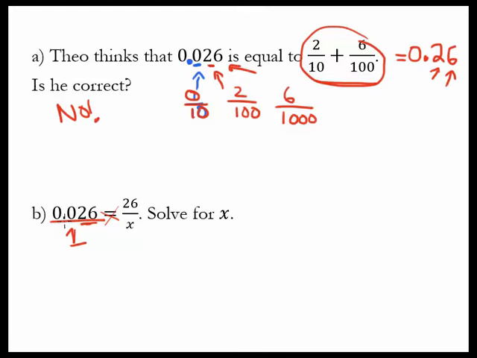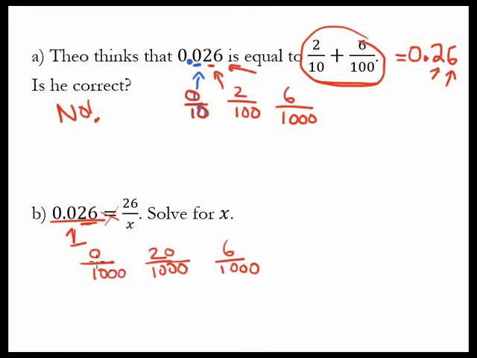This thing, we've already said, was 0 tenths, 2 hundredths, and 6 thousandths, okay? Well, 2 hundredths is how many thousandths? 20, okay? 0 tenths is, well, 0 hundredths.